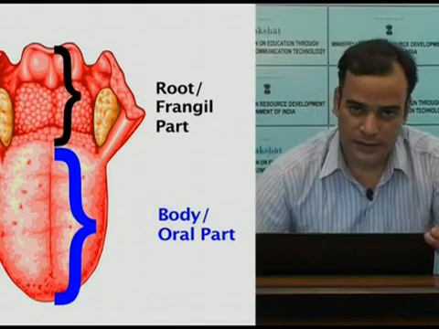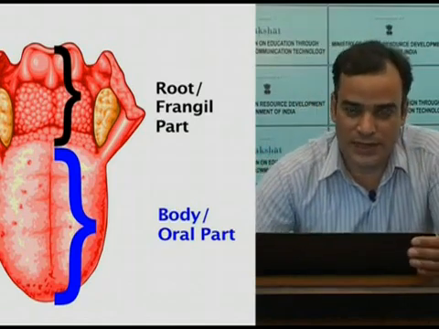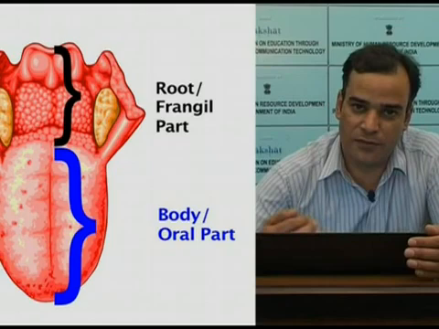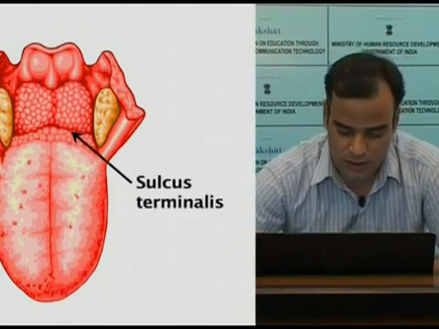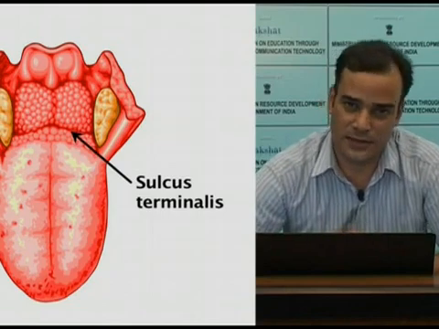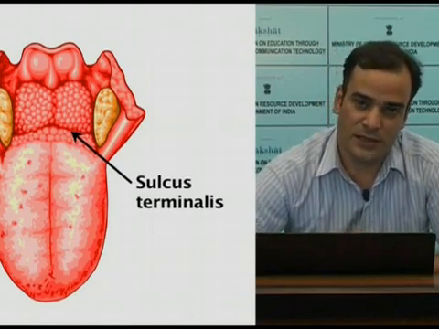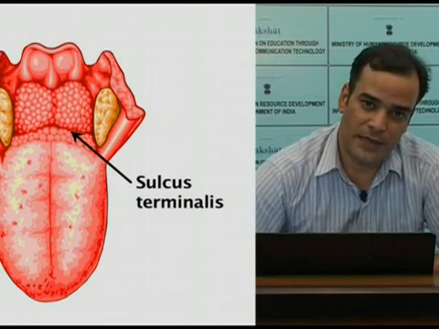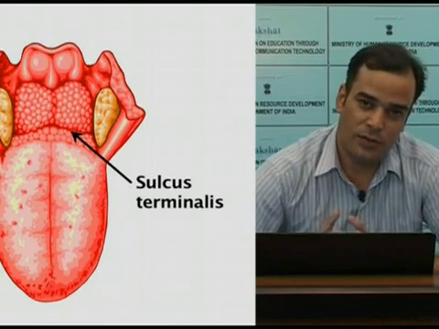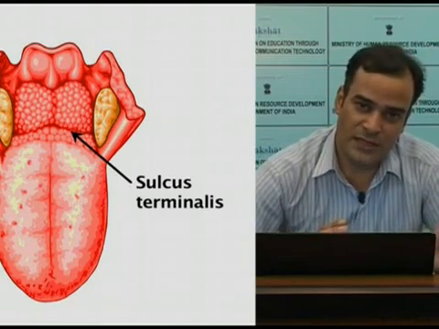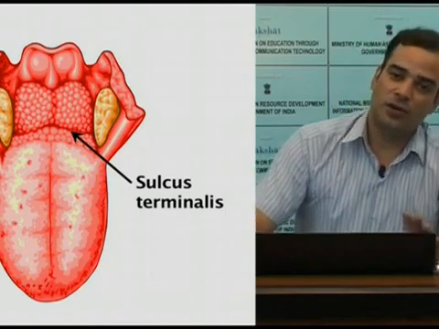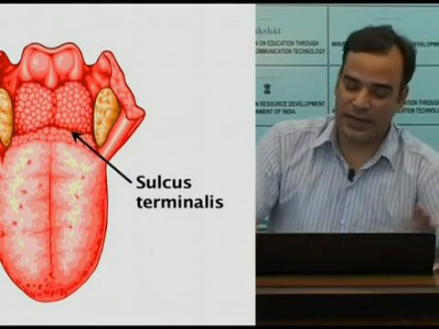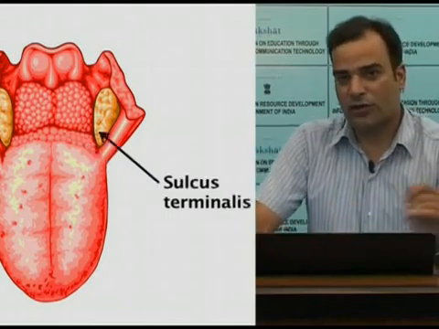The oral part, that is the anterior part of the tongue, is separated from the posterior part by a V-shaped sulcus called the sulcus terminalis. So the tongue is divided by the sulcus terminalis into the posterior part or the pharyngeal part, that is the part of the tongue that lies in the pharynx, and the oral part, that is the part of the tongue that lies in the mouth or the oral cavity.